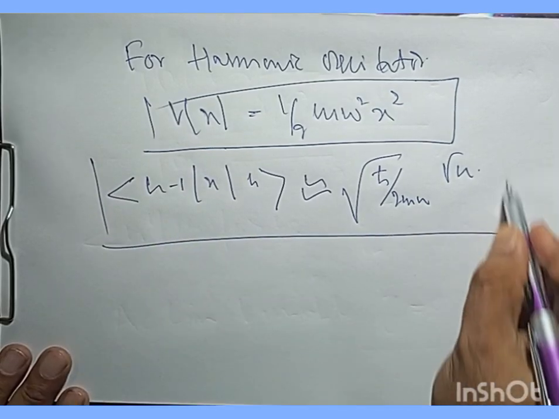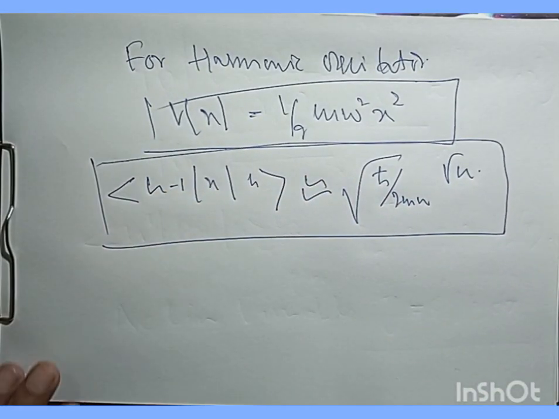So this is how we can exploit the matrix element to do the calculations for the harmonic oscillator.